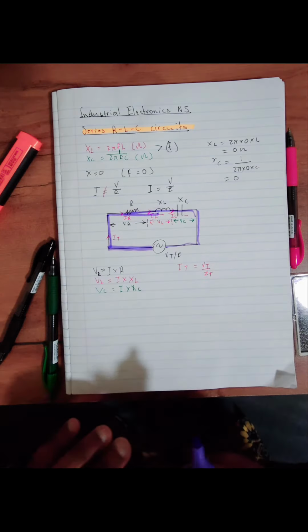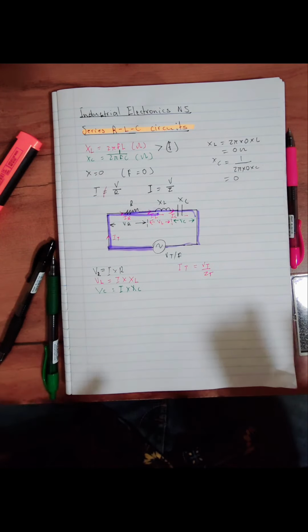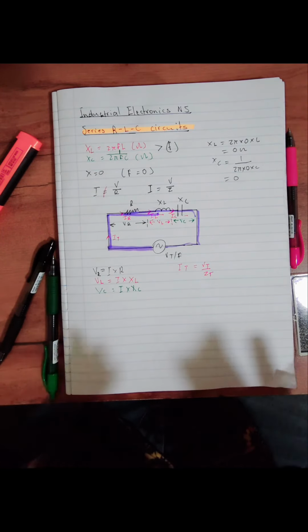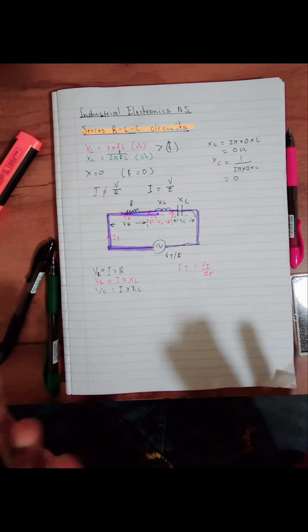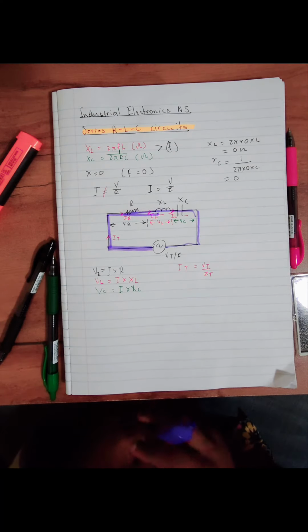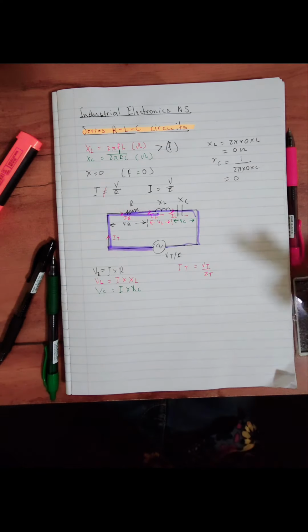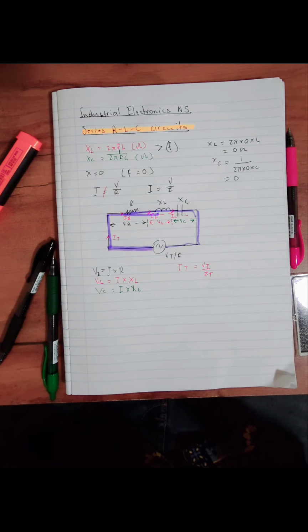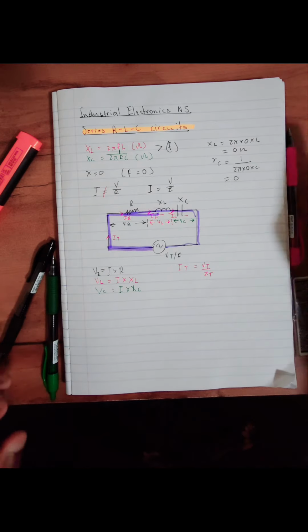Therefore, the current through every part of the circuit is the same. The current through the inductor is the same as the current through the capacitor, and is the same as the current through the resistor.